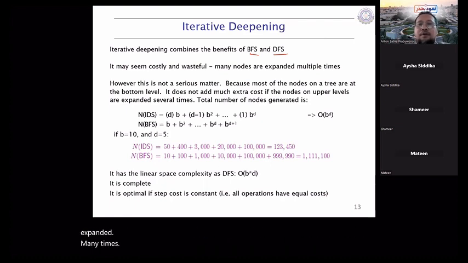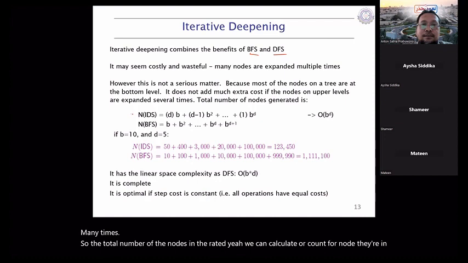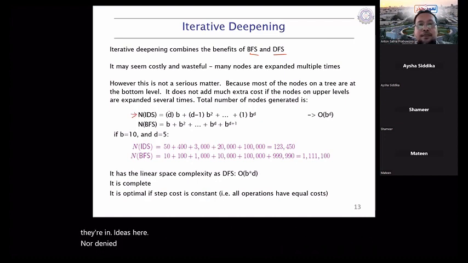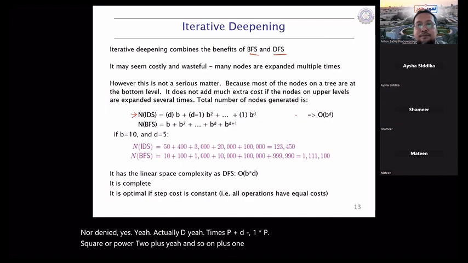The total number of nodes generated in IDS is d times b plus (d minus 1) times b squared, and so on, plus 1 times b to the power d.